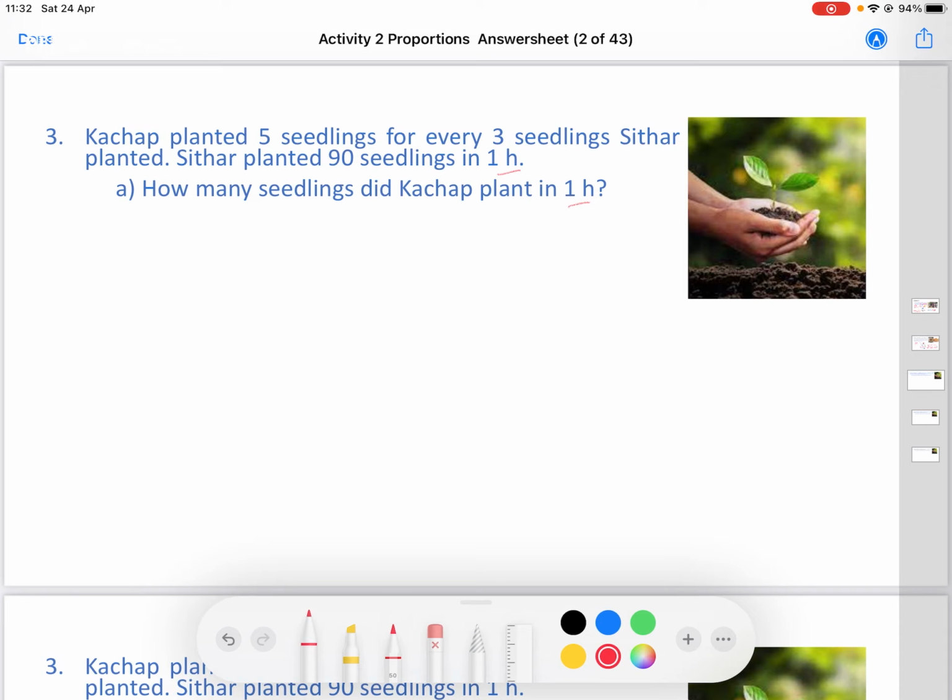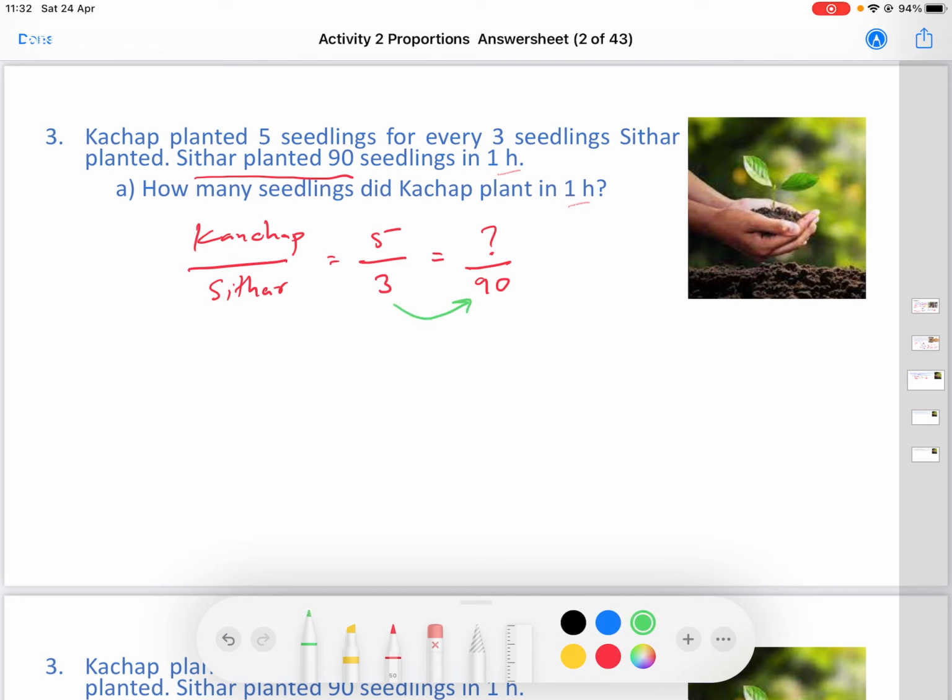The ratio that we need to compare here is Kanchap to Sithar. And Kanchap plant 5 seedlings for every 3 seedlings Sithar plant. If Sithar planted 90 seedlings, that means denominator is 90. How much seedlings does Kanchap plant?